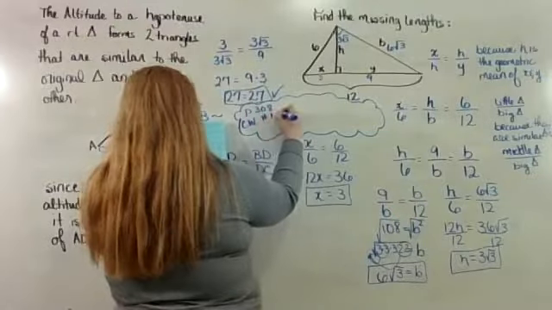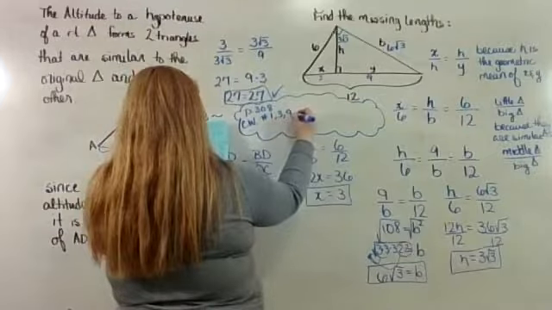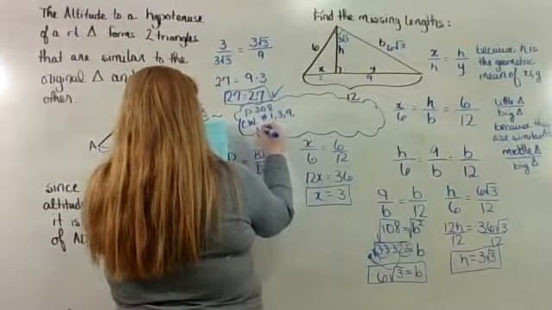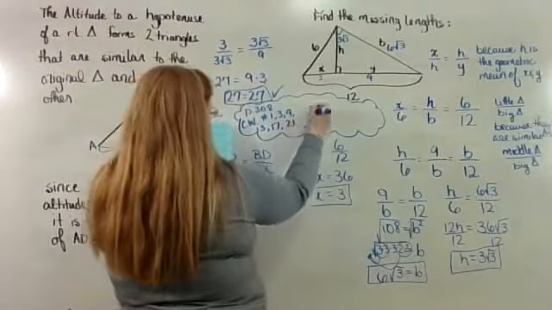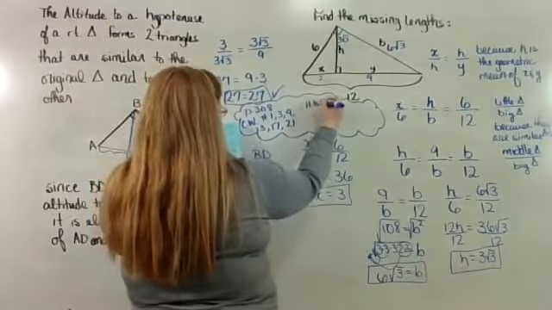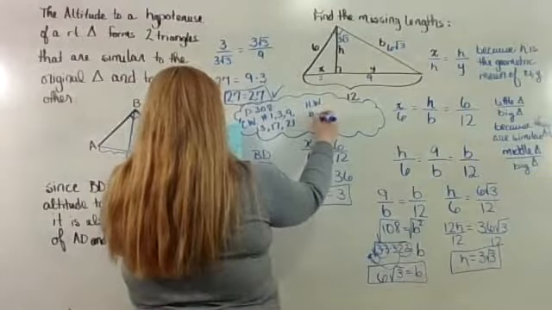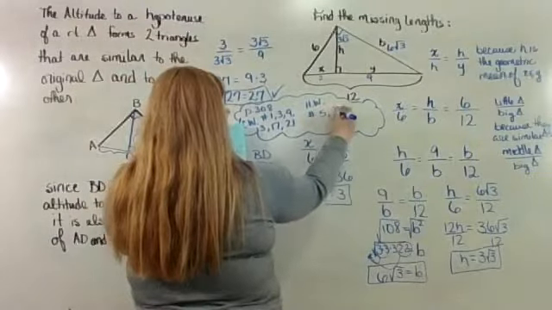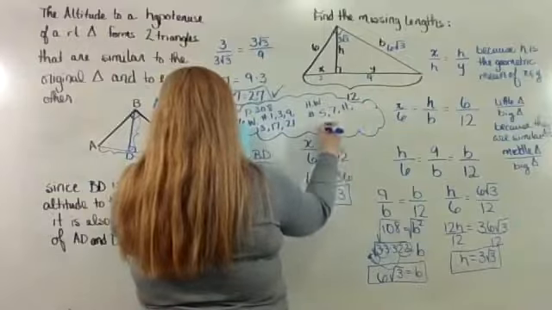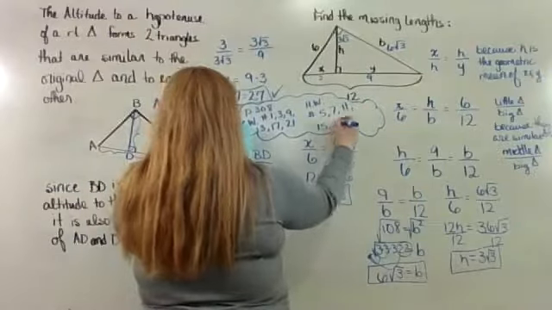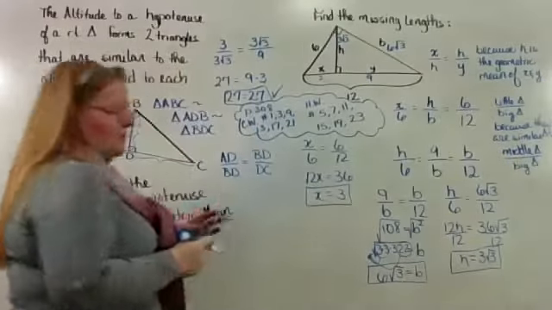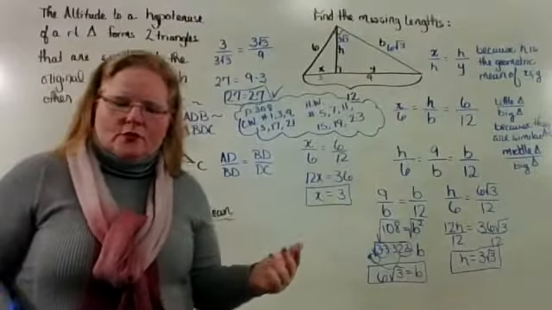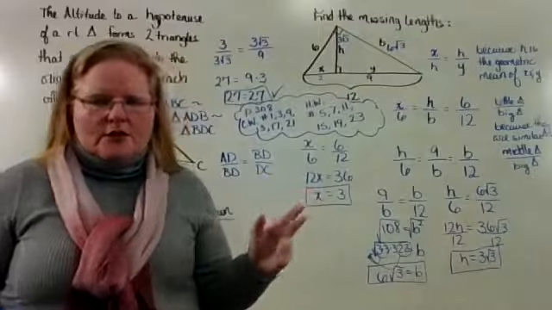Classwork is numbers 1, 3, 9, 13, 17, and 21. And then the homework is numbers 5, 7, 11, 15, 19, and 23.